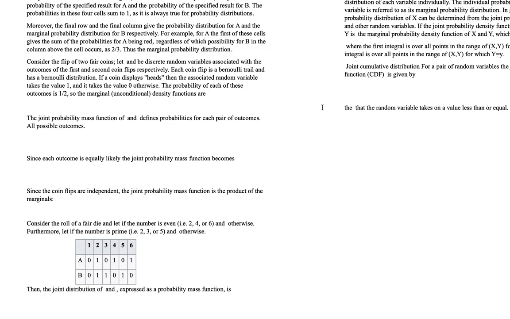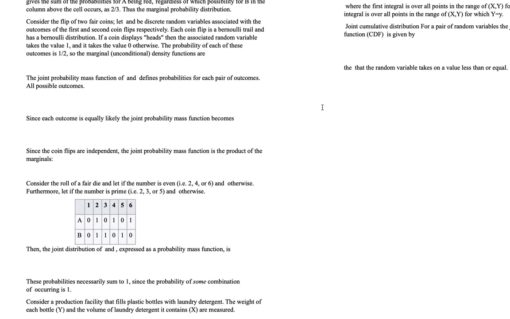The probability of each of these outcomes is 1 by 2, so the marginal density functions are equal. The joint probability mass function of X and Y defines probabilities for each pair of outcomes, all possible outcomes. Since each outcome is equally likely, the joint probability mass function becomes a constant. Since the coin flips are independent, the joint probability mass function is the product of the marginals.